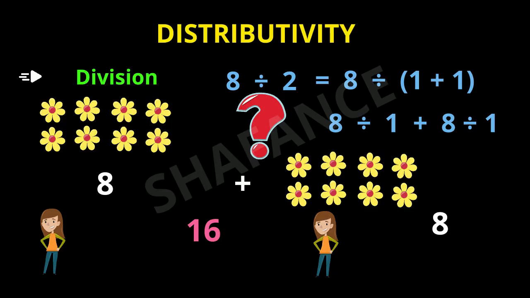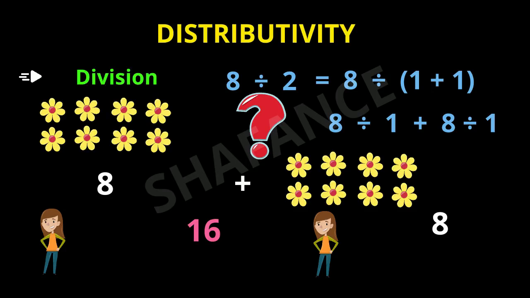So there's a difference in answer, because we have actually changed the number of persons among which the items are being divided. Earlier the number of persons was 2. When we expanded the digit 8 and split it into 2 parts, the number of persons among which those items were being divided remained the same.